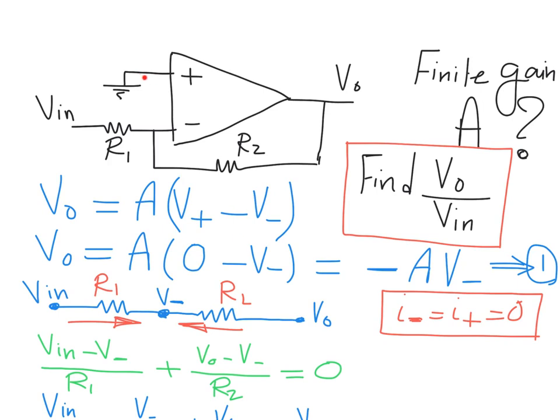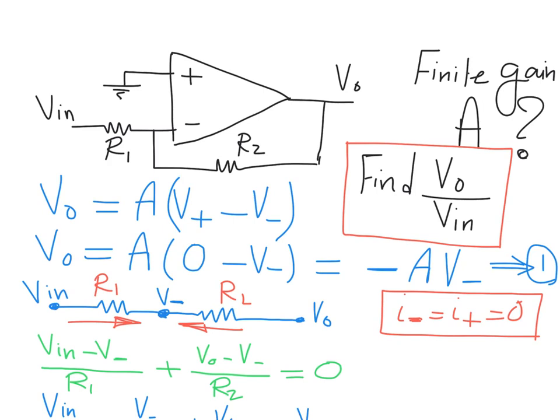Don't forget, we still have the same assumption valid regarding the current. So the input current through the positive terminal and the minus terminal is still 0, as we still have infinite input resistance. So here we can draw the resistance network taken off the op amp. We have Vn from this side, Vout from the other side, and R1 and R2, and between them V minus, which is not ground right now.